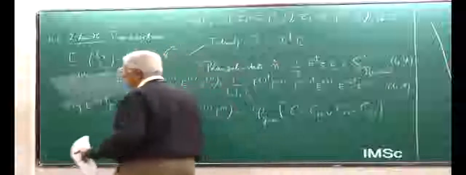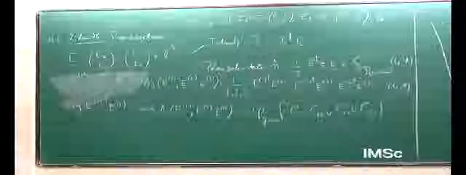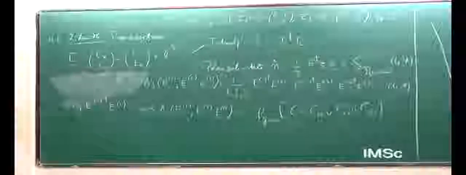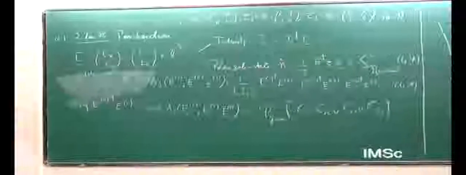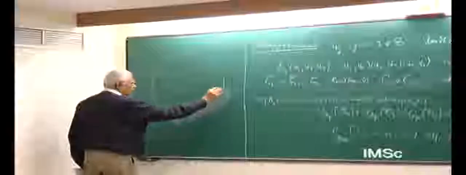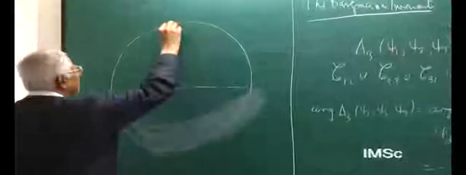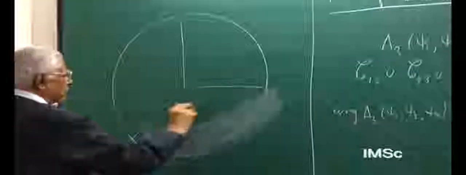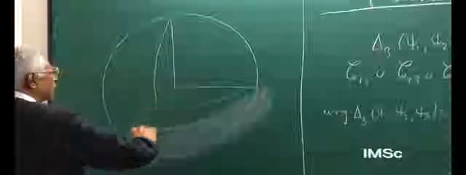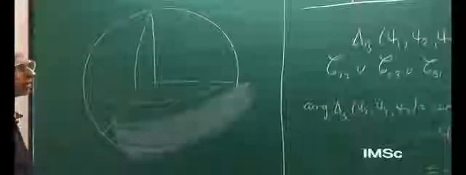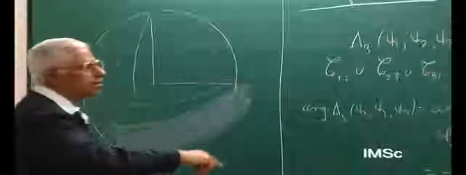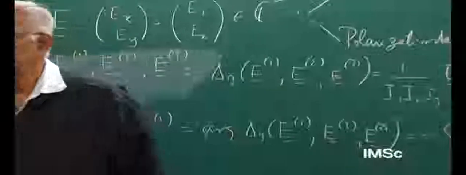And here I think I should draw a diagram. Let me use this for the moment. So let's say this is the Poincare sphere, or the Poincare laddu if you want. Here it is, not too bad. So the field E1, amplitude E1.